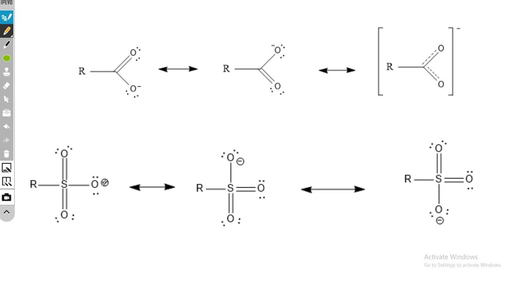But here you can see that there are three equivalent resonating structures and the negative charge is dispersed on three electronegative oxygens. So there are more electronegative atoms carrying the negative charge, and a greater number of resonance structures. So the stability of this ion will be more than this. So sulfonic acid is more acidic than carboxylic acid.